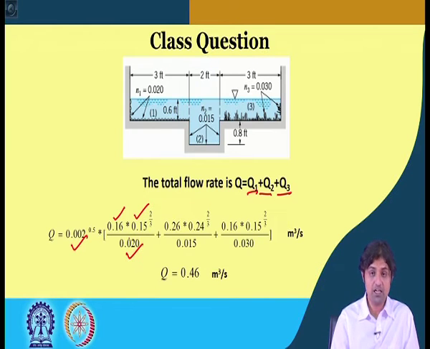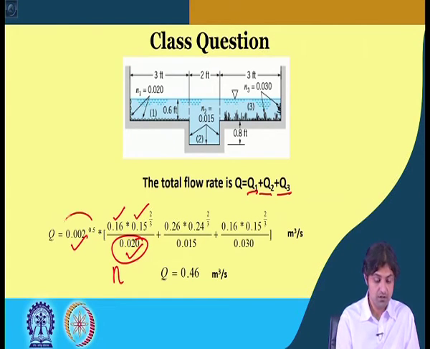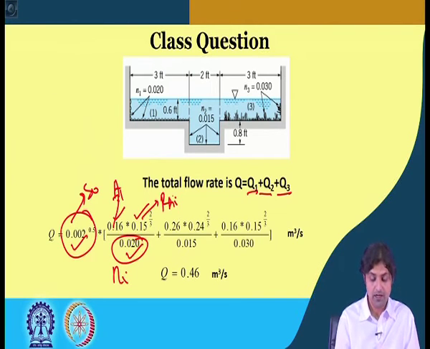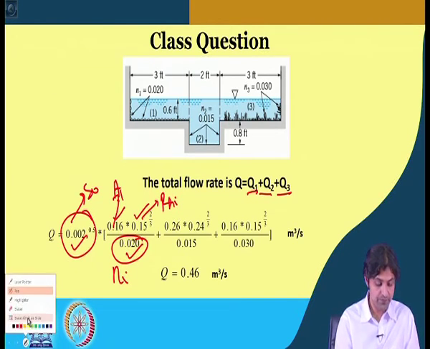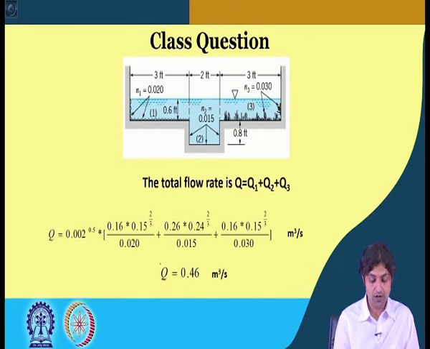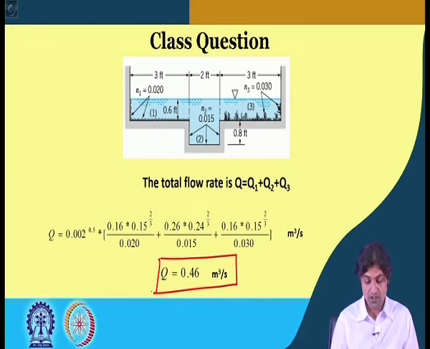Here n is Manning's n, which is different for different subsections, and we have areas Ai, ni, and RHi. You sum it, and you will find that Q is equal to 0.46 meter cube per second.